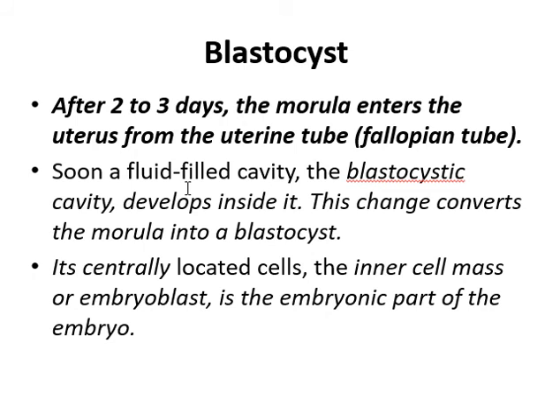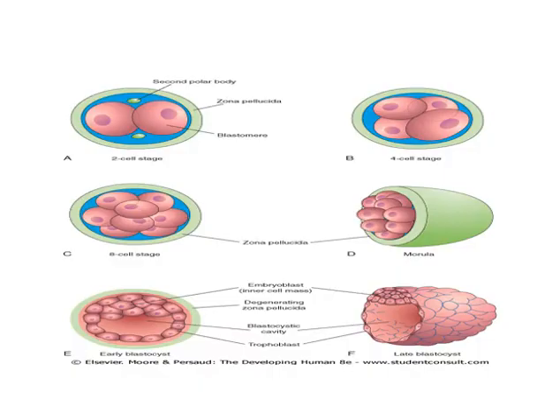Soon a fluid-filled cavity, the blastocystic cavity, develops inside it. This change converts the morula into a blastocyst. You can see that this is the morula which is present as a ball-like mass, and this is the fluid-filled cavity which appears within this cell ball.